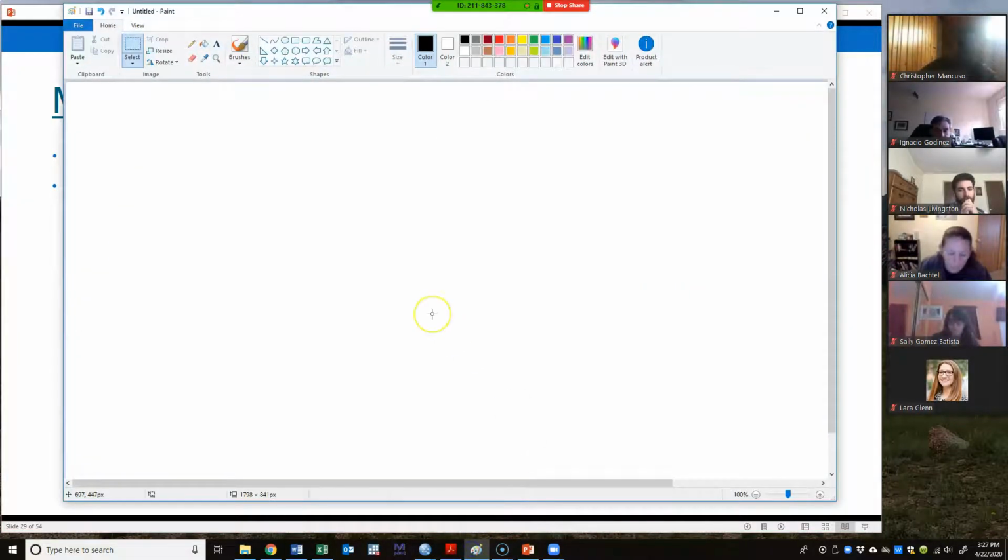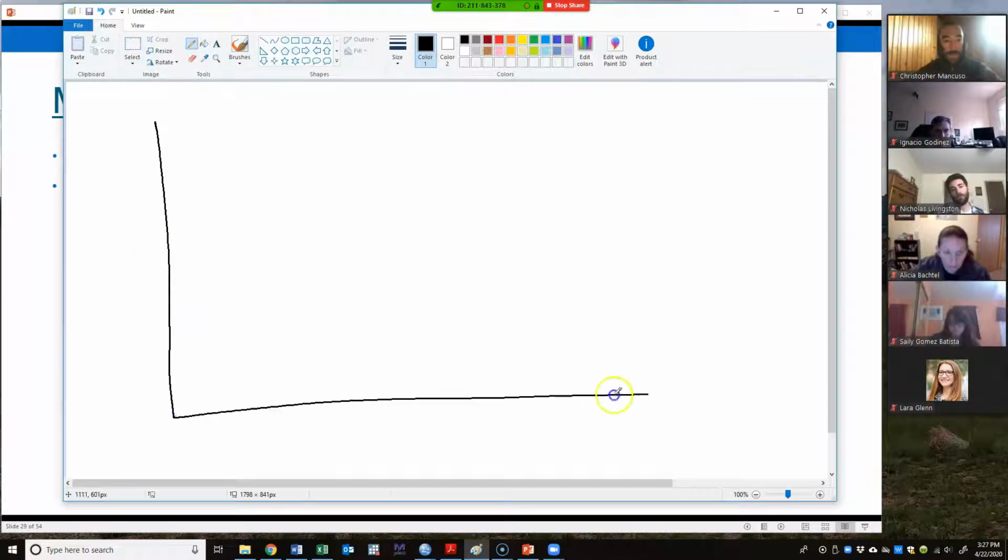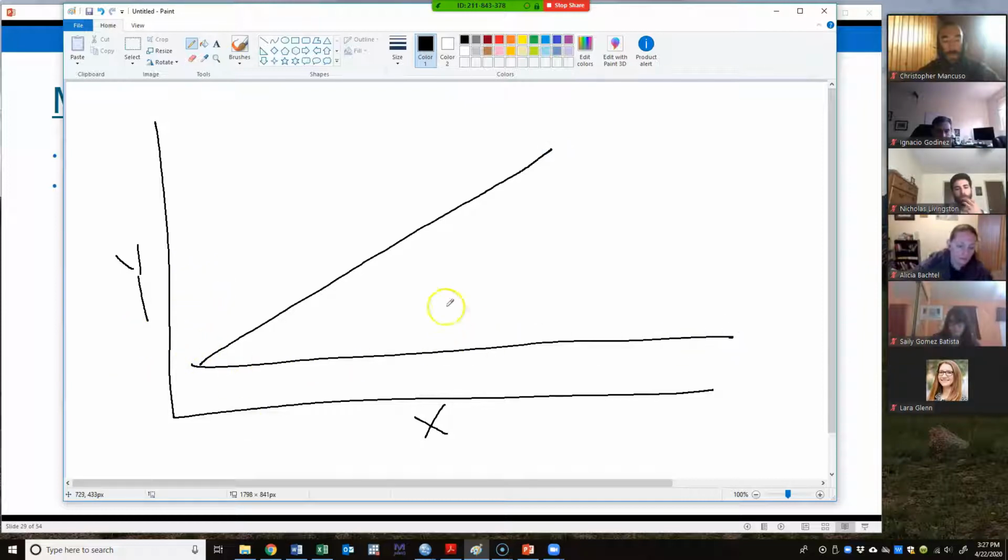So again, if we pull this up, this is x and this is y, right? And we say, here's a standard deviation above, here's a standard deviation below, right?